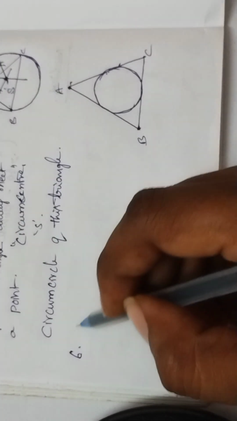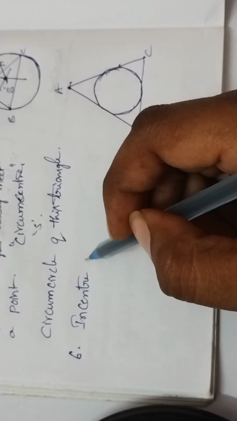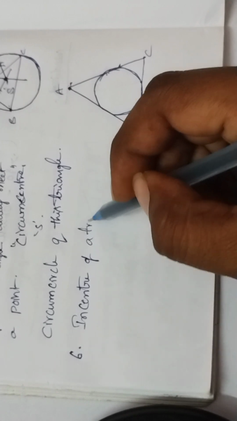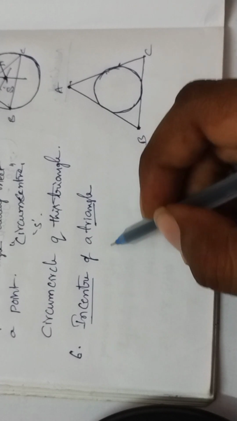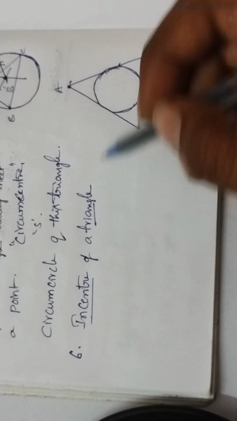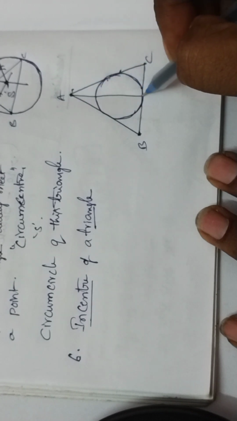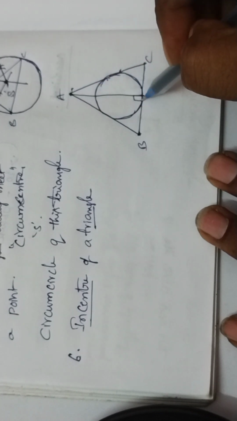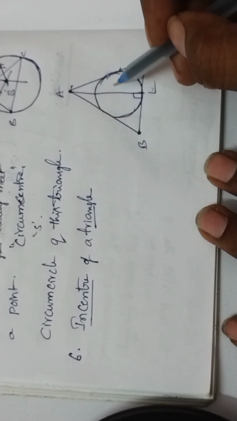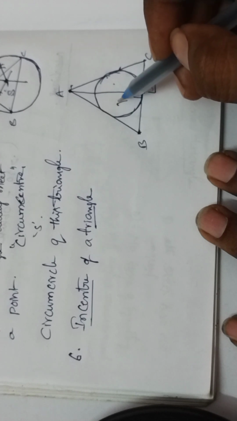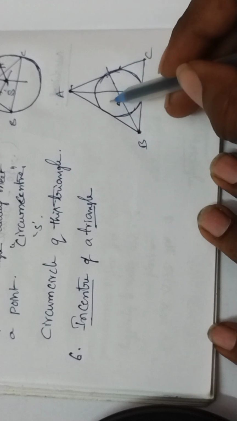Incenter of a triangle. So the internal angular bisectors. For example, I am taking this as an angular bisector, and this is another one.